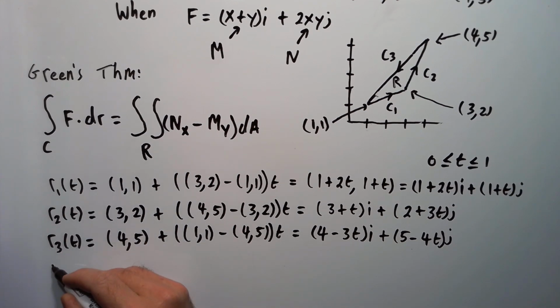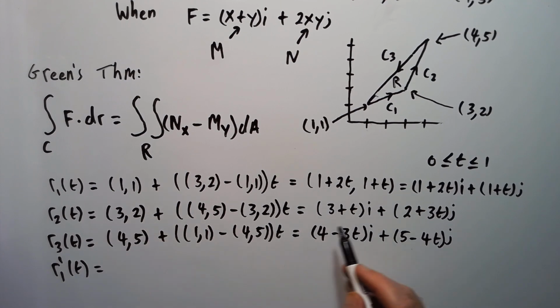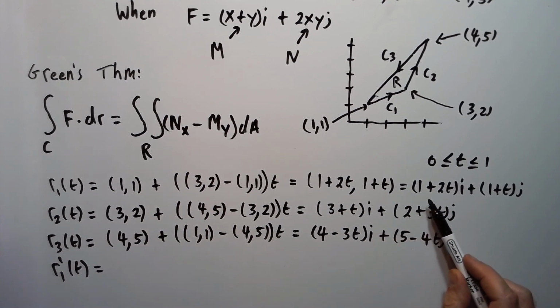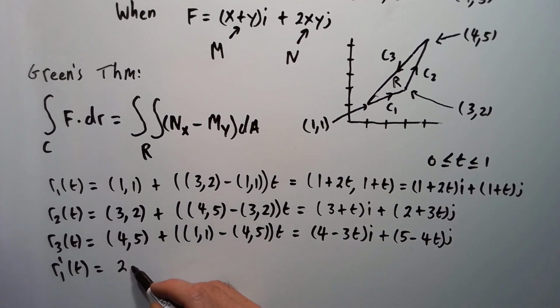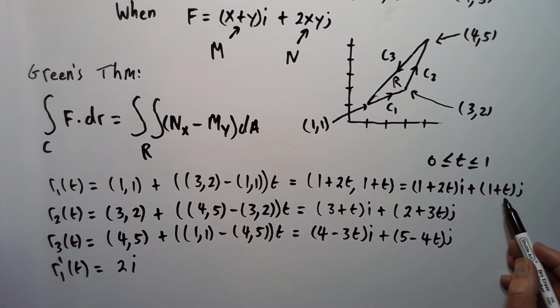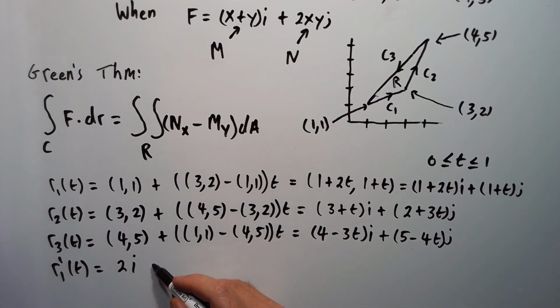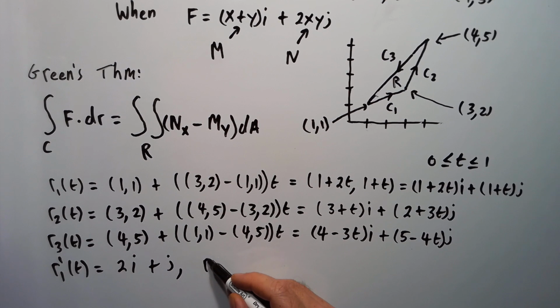R1 prime. Looking at it over here, the derivative with respect to t is 2i. The derivative with respect to t of this would be 1, so it'd just be j. That's that one. And say R2 prime.